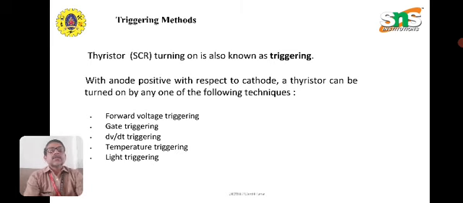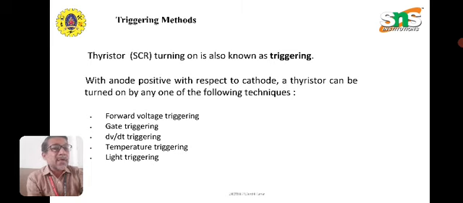Gate triggering means a small, sufficient gate current has to be applied to the SCR. The third is dV by dt, meaning a small change in voltage with respect to time, a small spike of voltage.